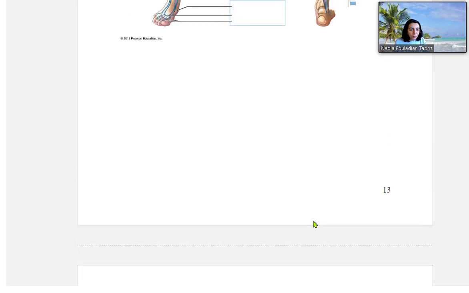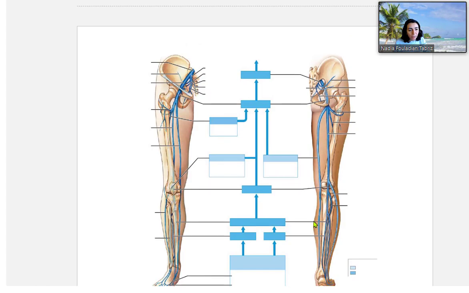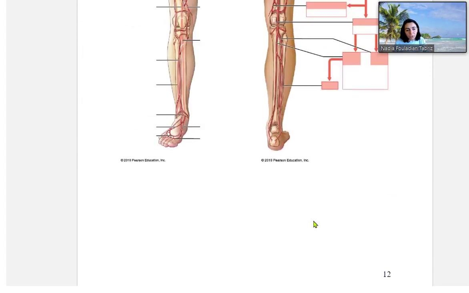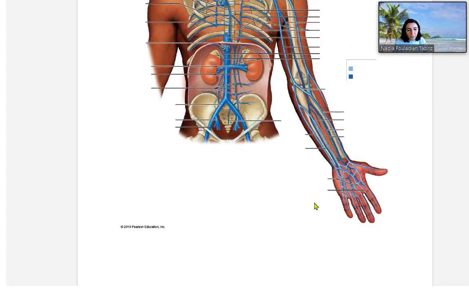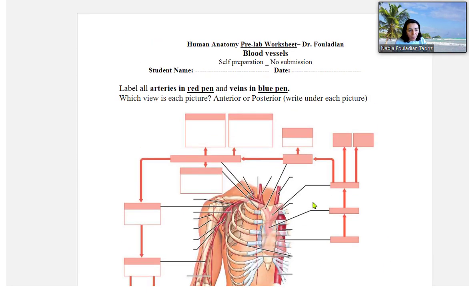But as I said, I highly recommend that. It can also help you a lot in the extra credit that you have here for the drawing of the blood vessels, because you are using the same vessels of the body to draw, right?